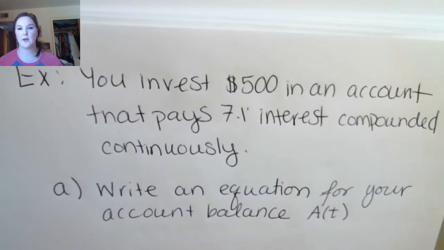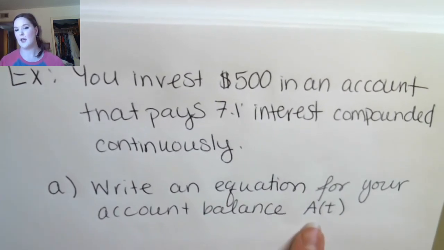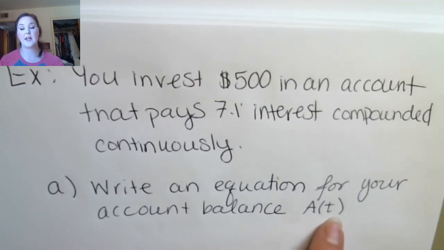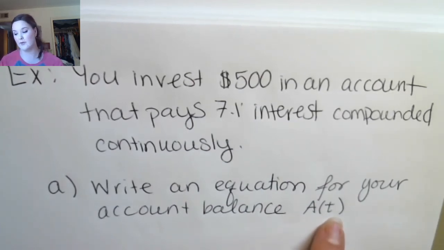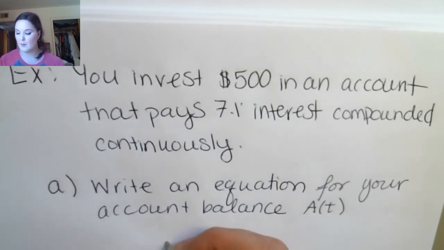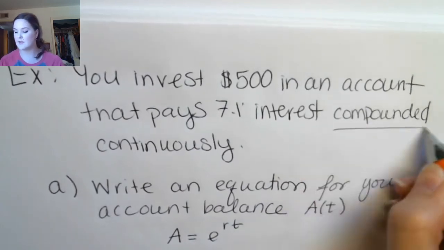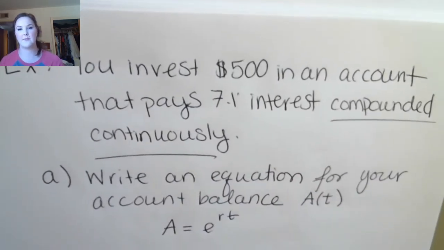We're going to write an equation for our account balance. We'll use the variable A to represent account balance, and T is our input variable. Remember we're using this because it says compounded continuously.